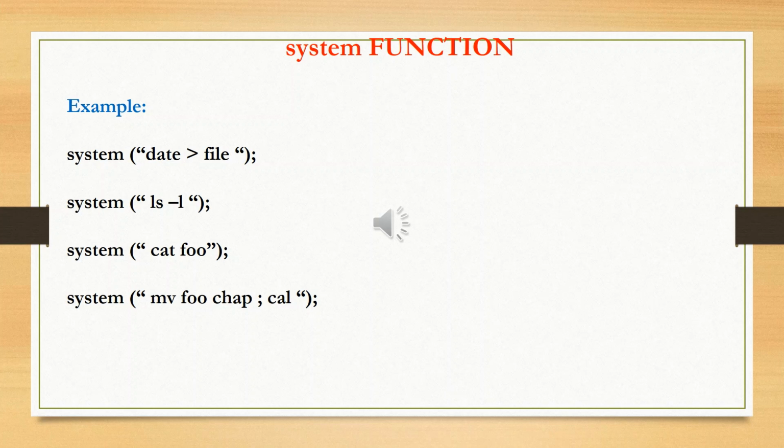Then cat foo prints whatever content is in foo. Like that, you can print values with cal. mv foo chop is also executed, with the calendar dates printed. These are examples using the predefined function system.